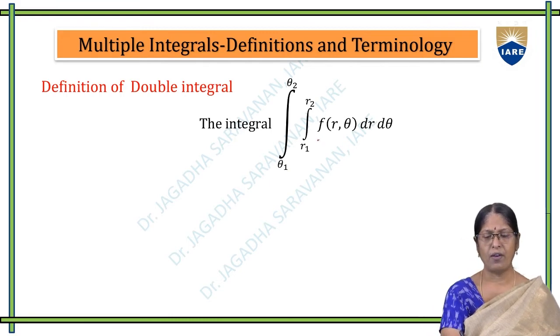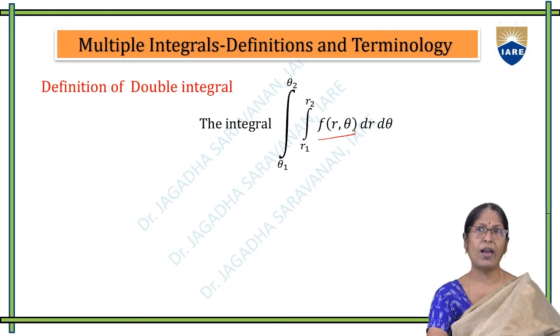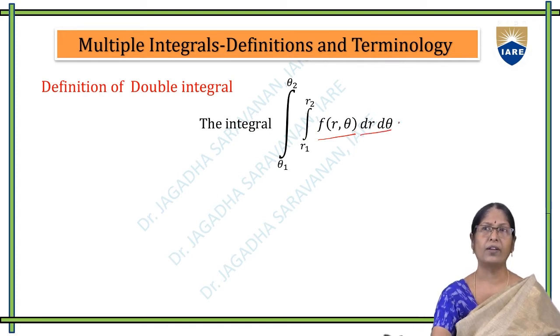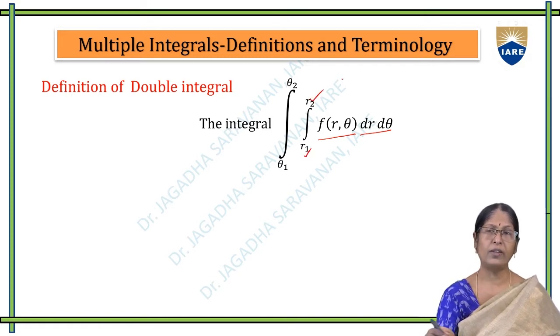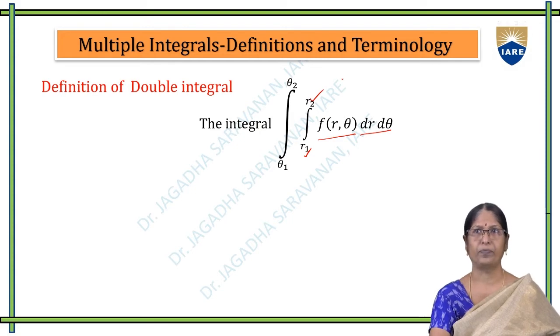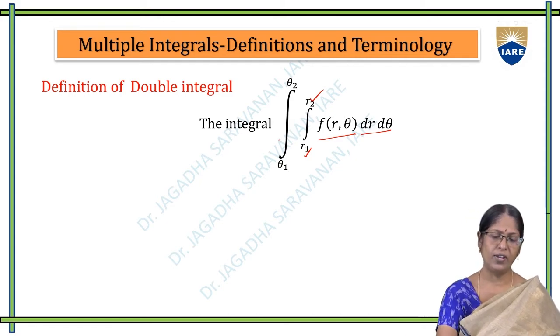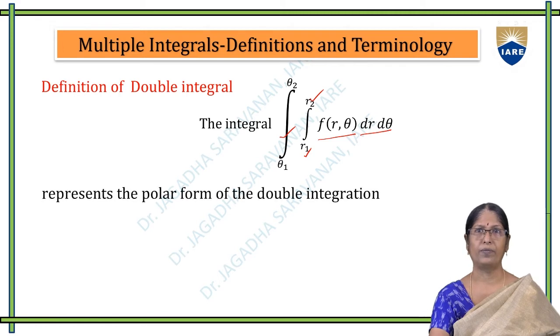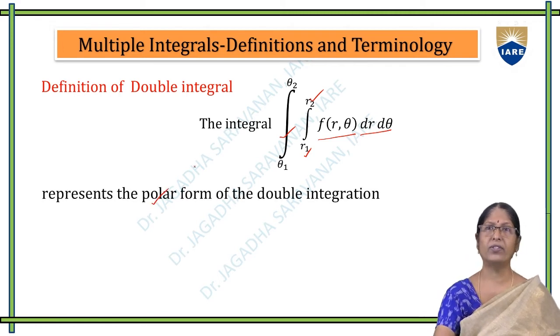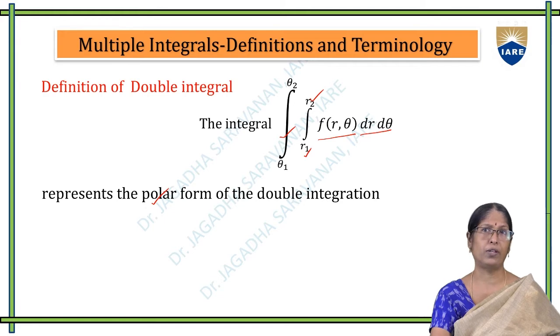Here f is defined in terms of r and theta, with dr d theta. If r1 to r2 is the radius range and theta goes from theta 1 to theta 2, we can see it very well, which represents the polar form of the double integration.